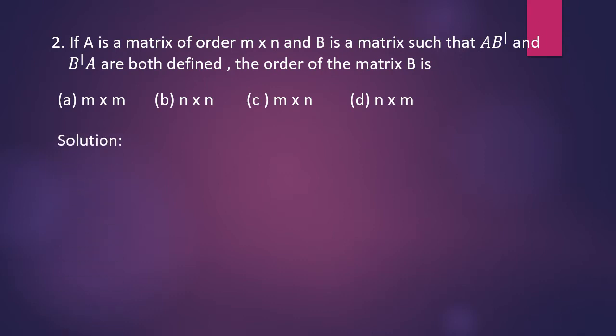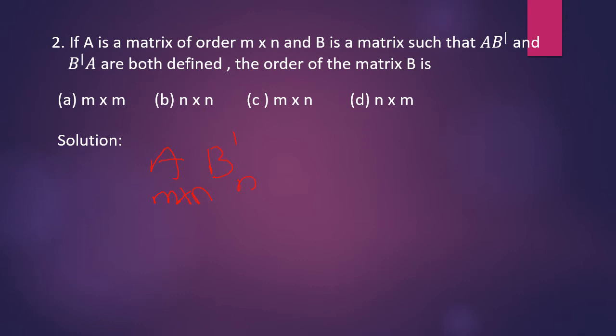We know that AB dash exists, that implies we have the order of the matrix A, that is m by n. So the number of columns of the matrix A will be n. Therefore the number of rows of this matrix B dash will be n here.